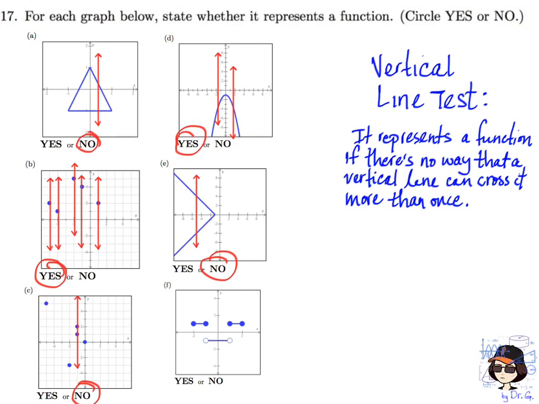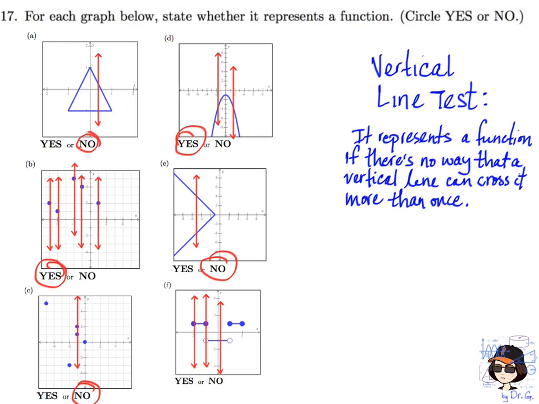So let's draw some vertical lines. Now that line can only intersect the graph once. Now this line looks like it goes through 2 points, but really it doesn't. It only goes through 1 point because that open circle is not a point. So this one only intersects it once.